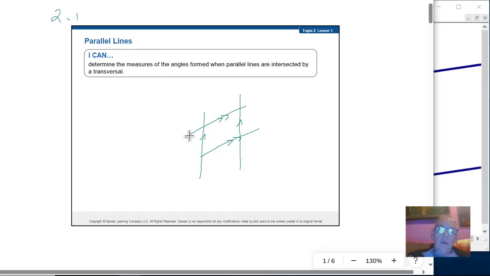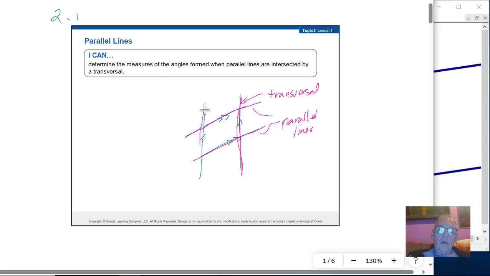If we talk about one set of parallel lines, then a line that crosses a set of parallel lines, like this line here, we call a transversal. So these are the parallel lines. And then this one we call the transversal.